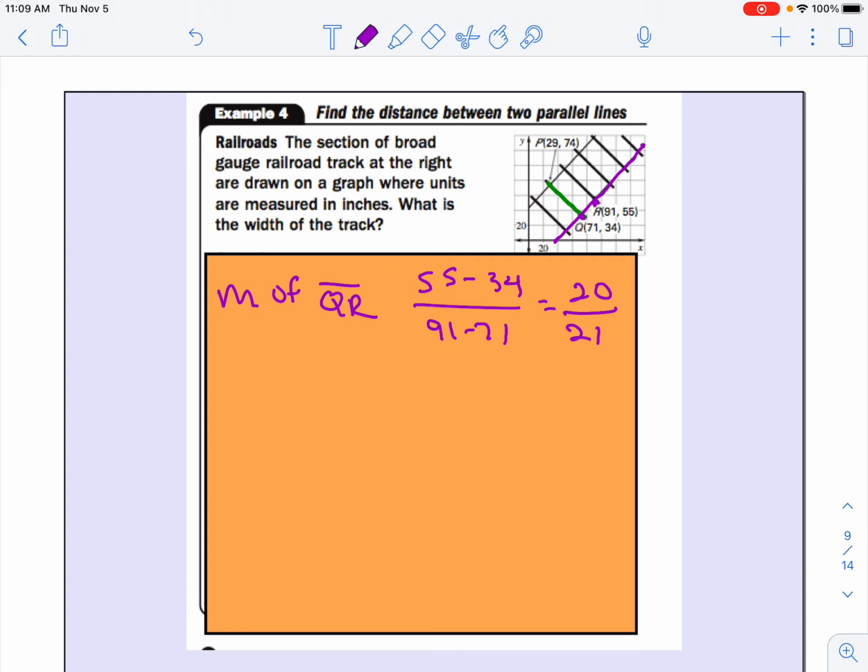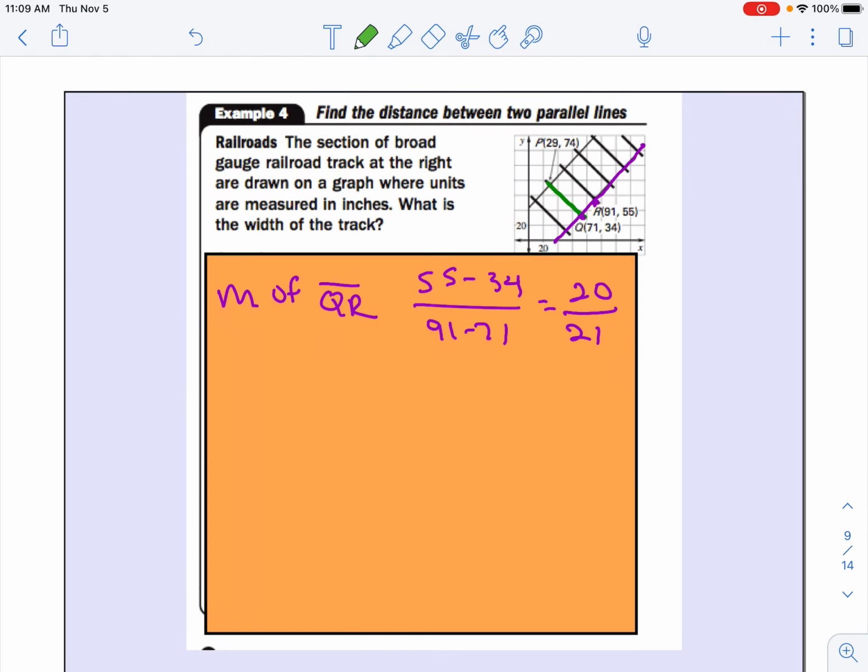Now we need to verify the slope of the green segment, PQ. So here's P and Q, and we make sure they're perpendicular. The slope of PQ, again y2 minus y1 over x2 minus x1, is 74 minus 34 over 29 minus 71, which gives us 20 over negative 21.